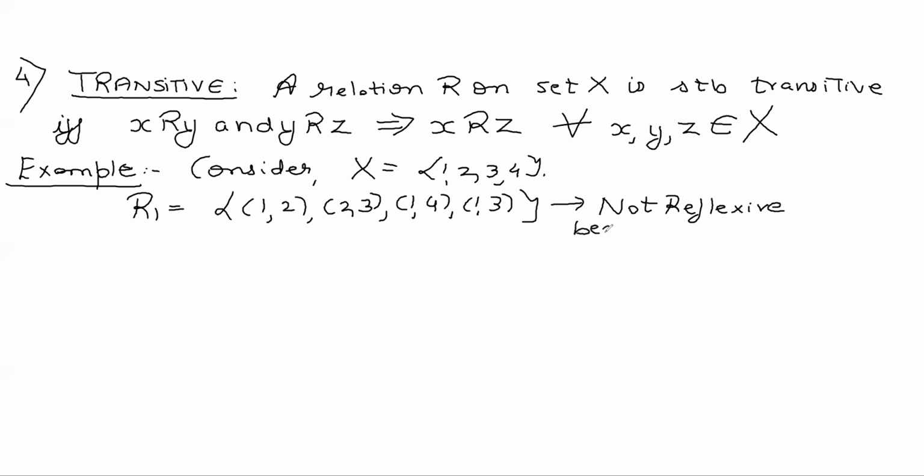Why? Because (1,1), (2,2), (3,3) and (4,4) do not belong to R1. None of them belongs to R1. Is it symmetric? Not symmetric.